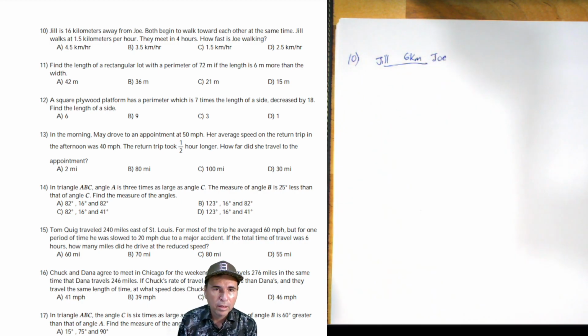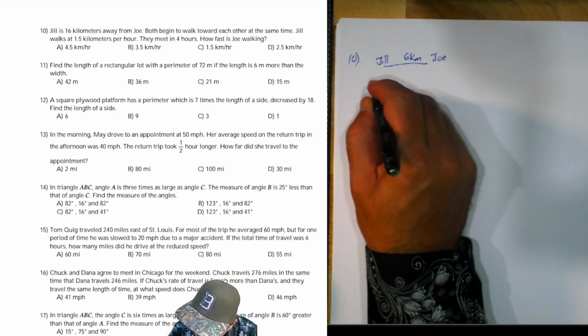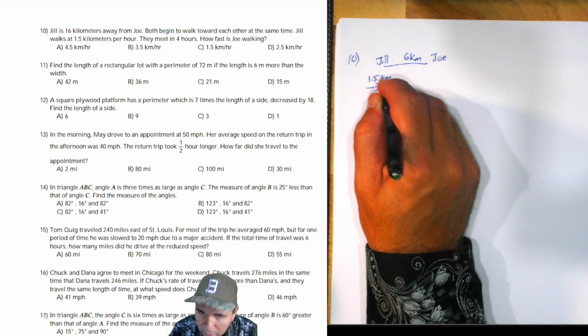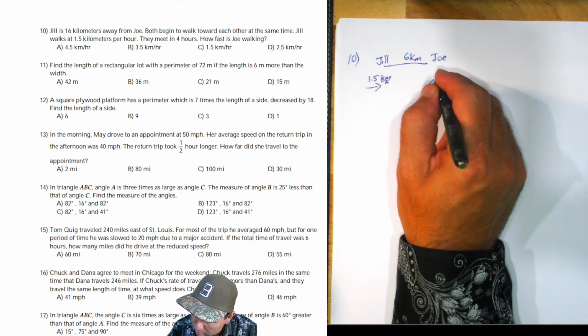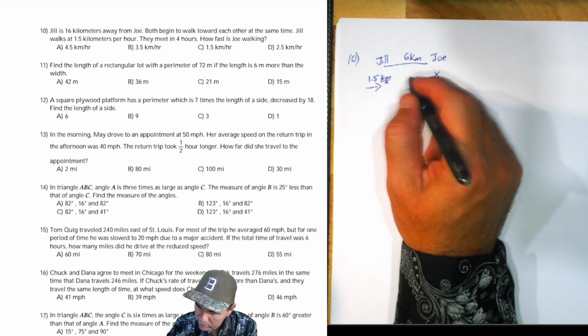Okay, both begin to walk towards each other at the same time. Jill walks 1.5 kilometers per hour. They meet in 4 hours. So Jill is going 1.5 kilometers per hour. We don't know how fast Joe is going, but we know that they get together in 4 hours.